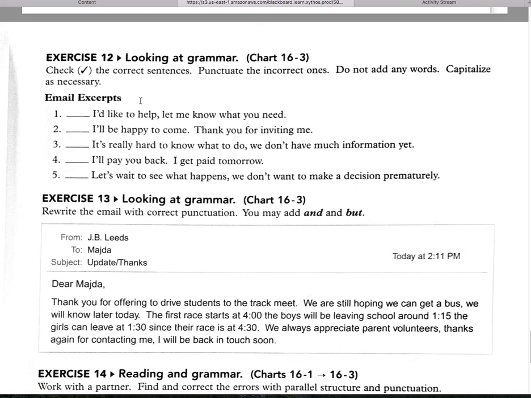Okay? So we look at number 1. Let's do number 1 together. I'd like to be able to help. Let me know what you need. That's not correct. Okay? The correct way would be, I'd like to be able to help. Period. Capital L. Let me know what you need.